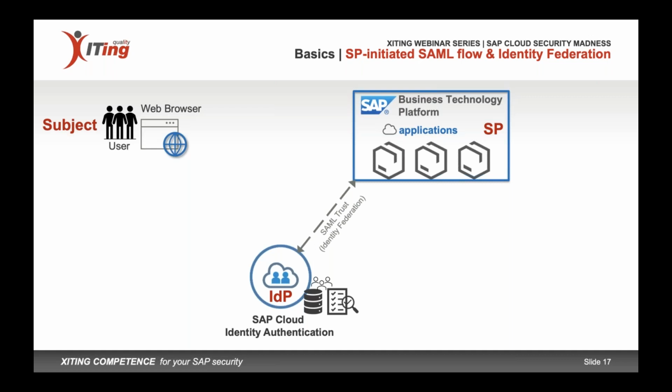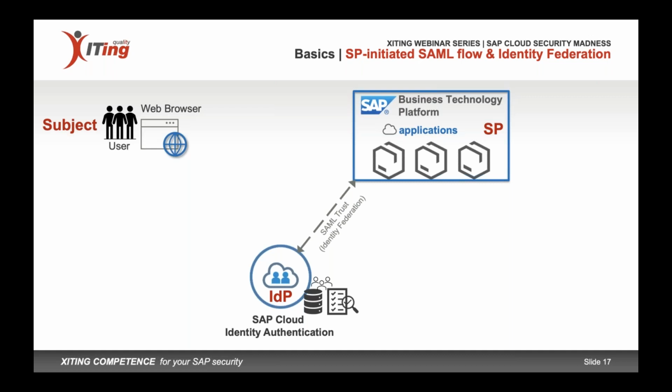And this is often a very complex and a very error-prone process. So one of the reasons why SAP has automated this integration with the identity authentication service. And that's one of their targets: to deliver a cloud application with a pre-configured trust to your identity authentication tenant.